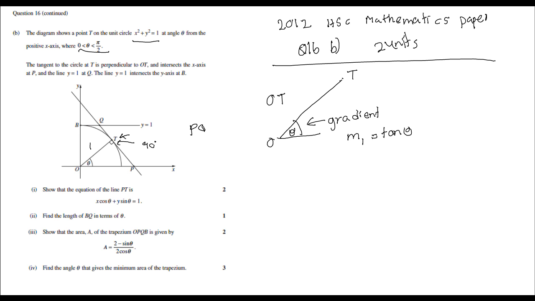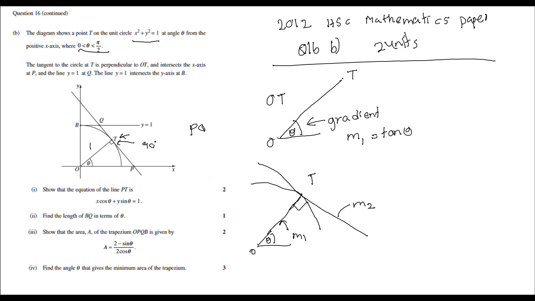Why do I need it? Because at point T on the circle, there's a tangent, and that tangent has a gradient M2. If we want to find the equation of the line, we need to find M2.